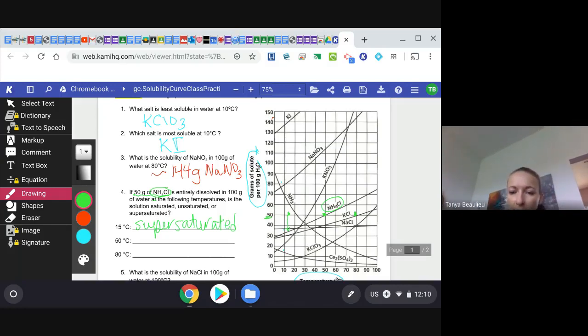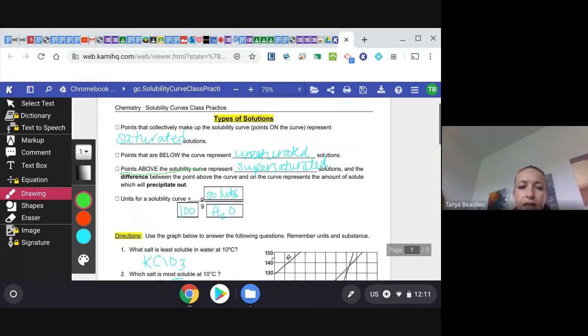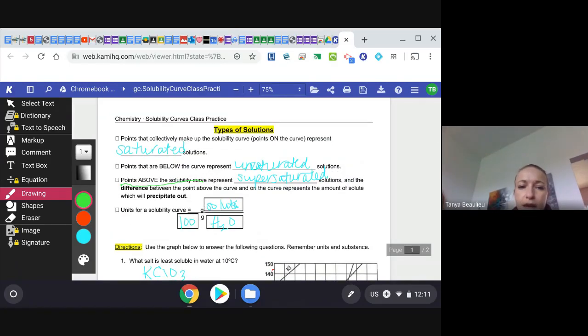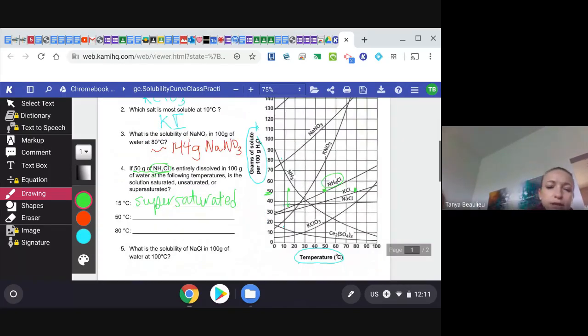The next data point at 50 Celsius and 50 grams is on the line. Since that one is on the line, that is going to be a saturated solution. Points that are on the curve or on the line, we said are saturated. So that one will be saturated.